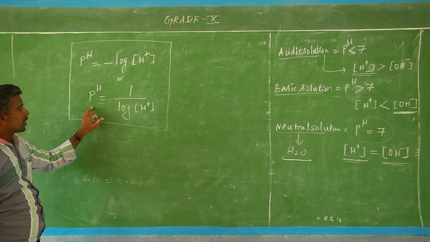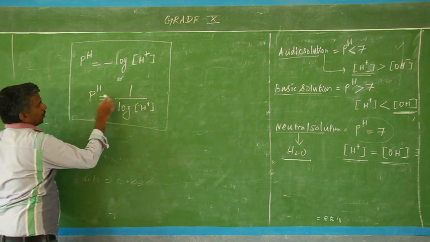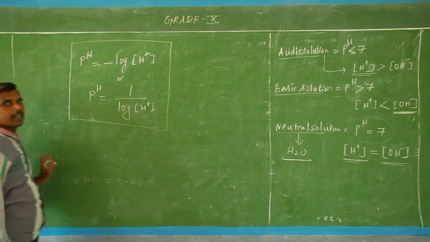This is the other form of the formula: pH is equal to 1 by log of H plus ion.